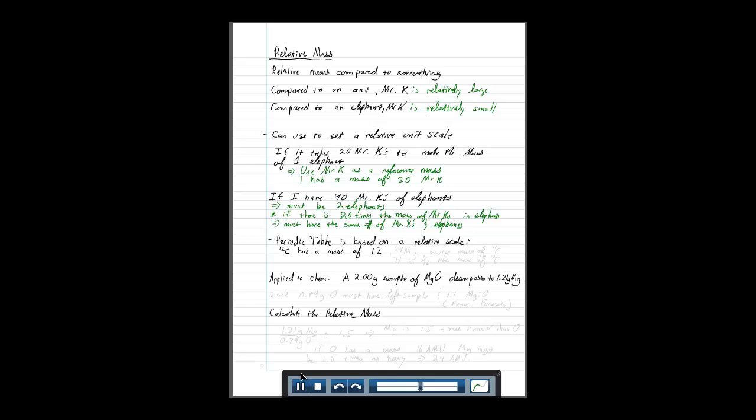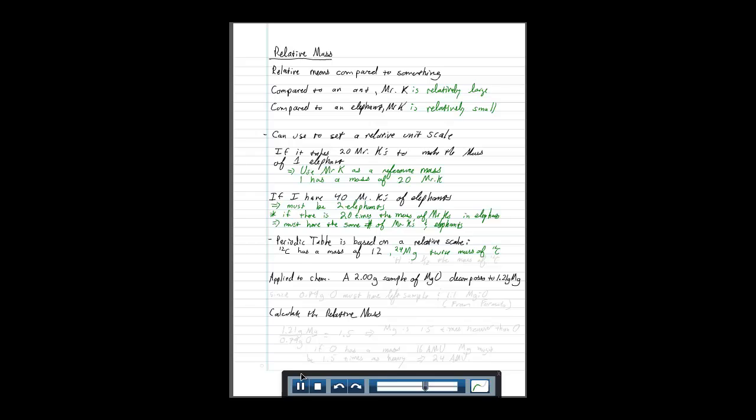Why is this relevant? Well, the periodic table is based on a relative scale, where carbon-12 has exactly a mass of 12. So what we can say is magnesium-24 is twice the mass of carbon-12.